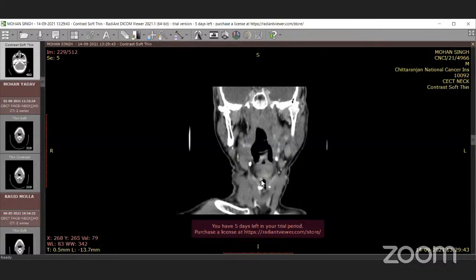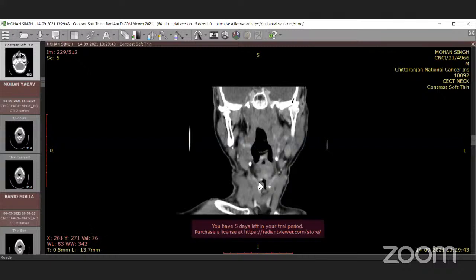So you can see an air gap between the superior margin of the thyroarytenoid muscle of the true cord, and there is another J-shaped structure here. So this is the false cord here, and this is the true cord. In between is the laryngeal ventricle.